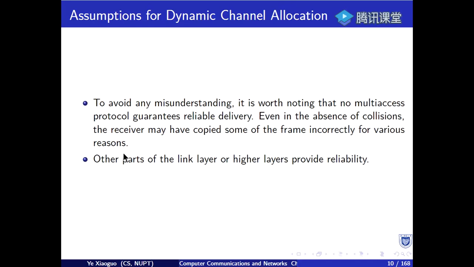Now, to avoid any misunderstanding, it is worth noting that no multiple access protocol guarantees reliable delivery. Even in the absence of collision, the receiver may have copied some of the frames incorrectly for various reasons.